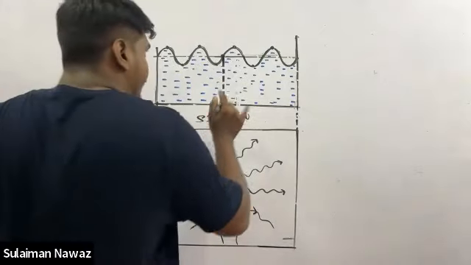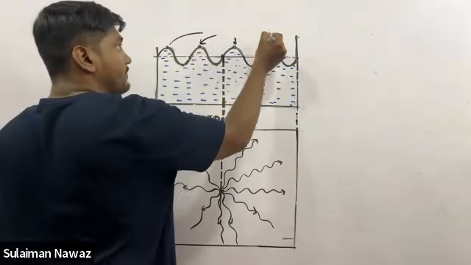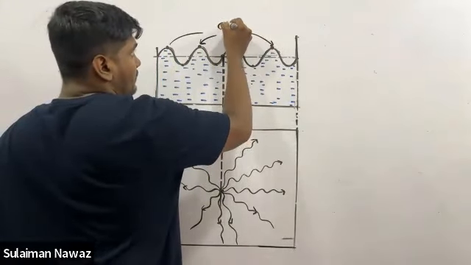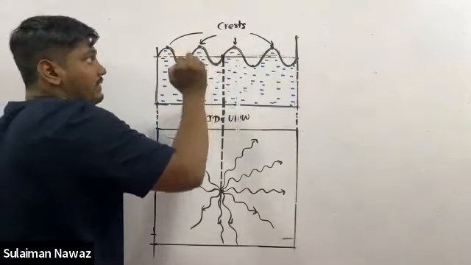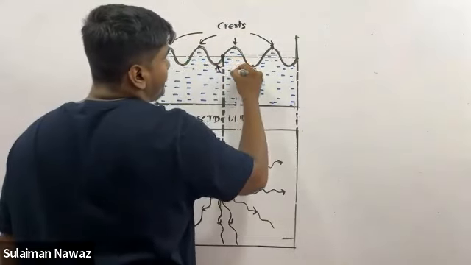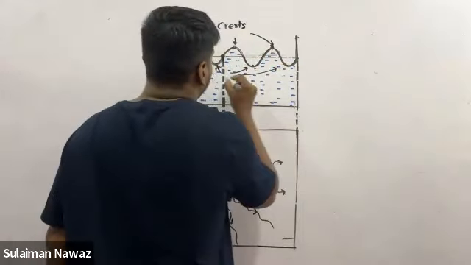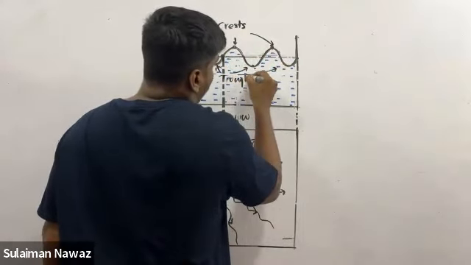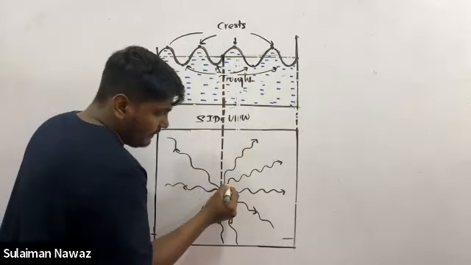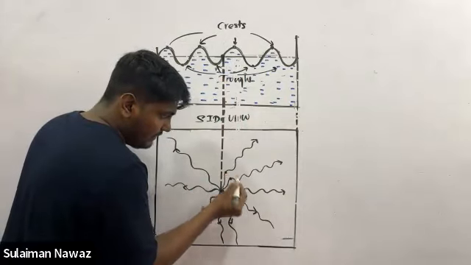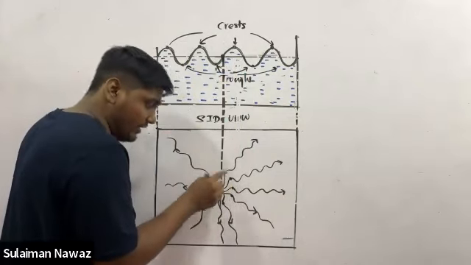So we know these points are crests, and crests have the same phase. These are troughs, and troughs have the same phase. Now look at it. These are crests in the wave, propagating from the point of vibration.